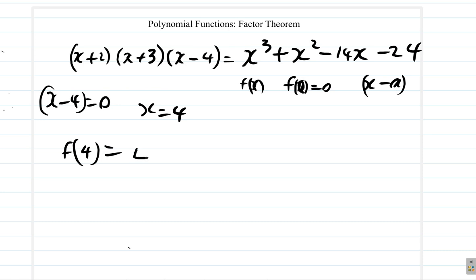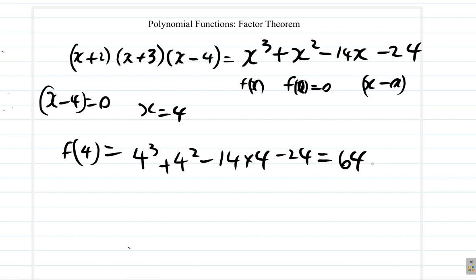So it's x cubed, that's 4 cubed, plus x squared, which means 4 squared, minus 14x, which means minus 14 by 4, minus 24. 4 cubed is 64. Plus 4 squared, 16, minus 14 by 4, which is 56, minus 24.